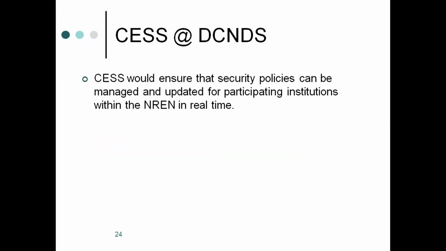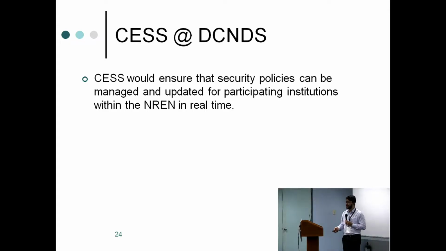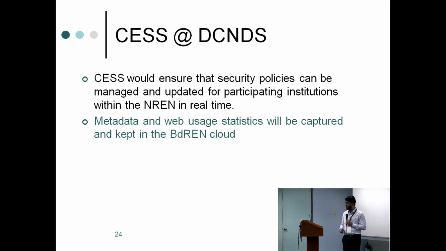So this will ensure that security policies are managed and updated for all the participating institutions. It will not be like it is activated for one user but not for another. It will be activated by default for all the users at the same time.